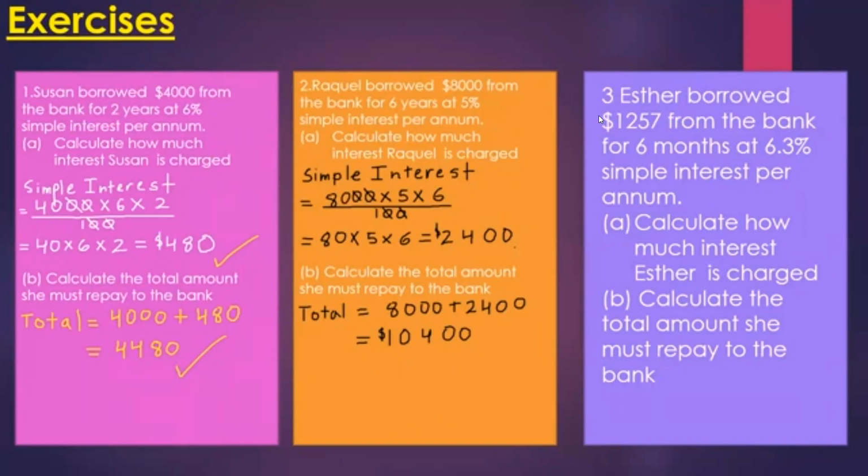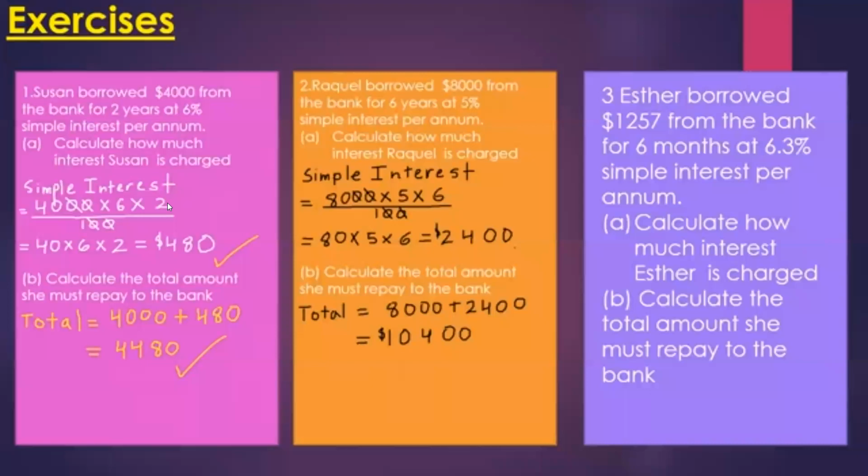So to find the simple interest, you have the formula, which is P times R times T. P stands for principal, which is the amount borrowed or invested. So that would be 4,000 because it says Susan borrowed 4,000 from the bank. And then the rate would be 6 because 6%, and then time would be 2 years.